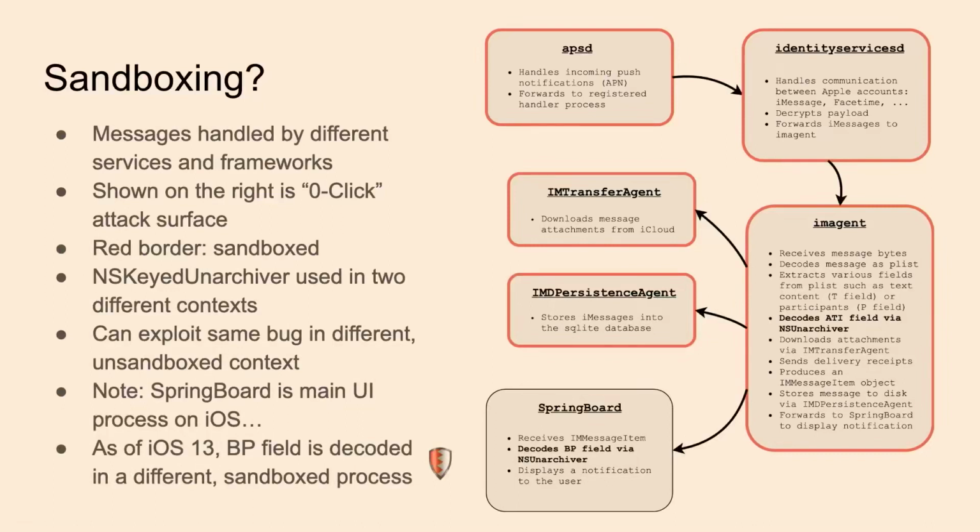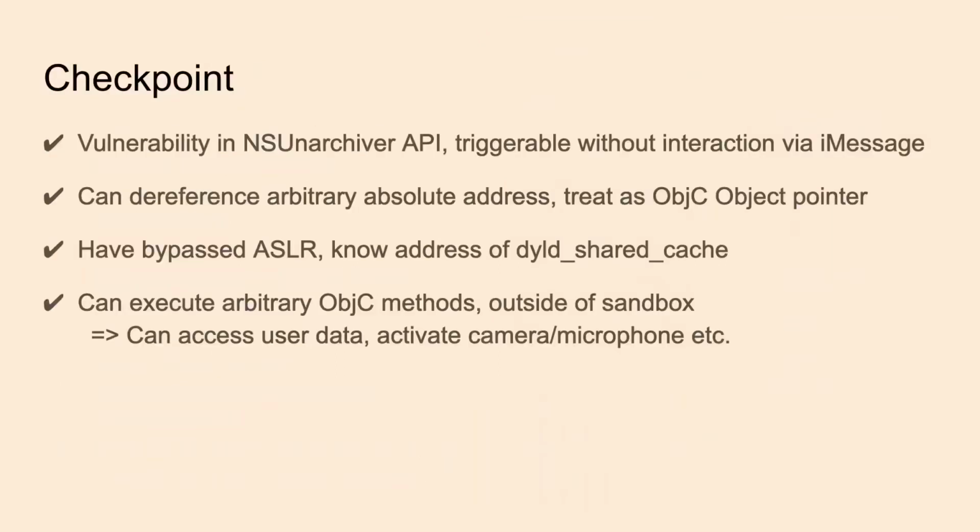So it's the main UI process. It's basically what's handling showing the welcome screen and so on. And so what that means is, well, we can just target SpringBoard, and then we get code execution outside of the sandbox, so we don't actually need to worry too much about the sandbox. As of iOS 13, this is fixed, and this key is now decoded in the sandbox. Cool. So we can execute Objective-C methods outside of the sandbox.